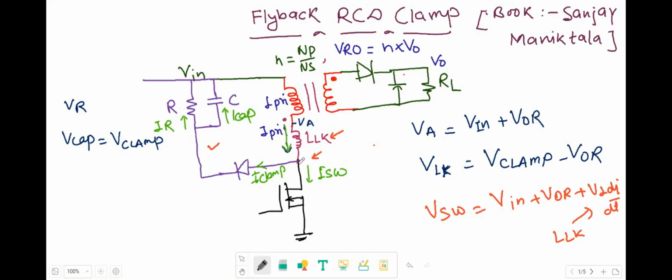So what happens now, since there is a voltage rise across the switch, this can damage the switch, and what we want here is to clamp that leakage energy through this capacitor and feed it back to the input. Okay, it's kind of a regenerative effect. We are using this leakage energy and feeding it again to the input side.